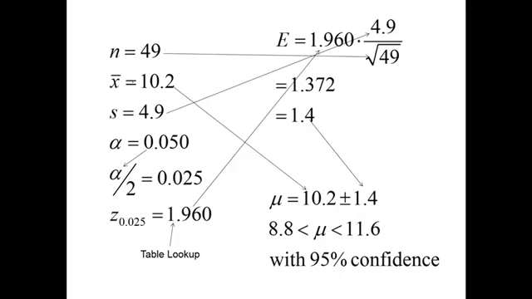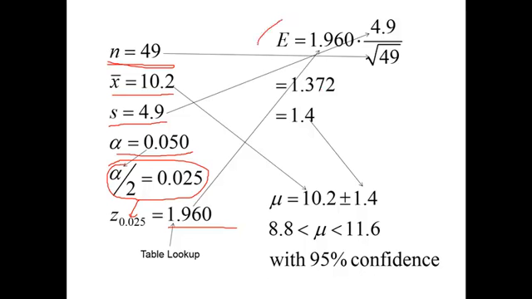So we've got a sample of 49. We took x bar, 10.2. We've got standard deviation 4.1. It was a 95% confidence interval, so that'll give me alpha equal to 0.05. I divide that by 2, so I'll be looking up my z sub 0.025. We do that, and it's 1.96.